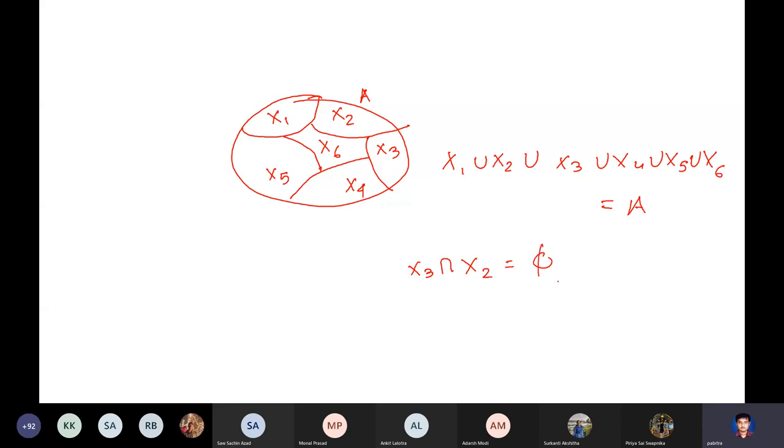They do not overlap. So this collection x1 to x6 is a partition of A. Okay, simple. I am sure all of you know this.